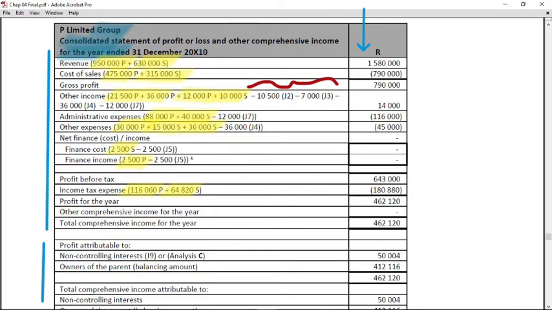Included in the other income of the parent was the 36,000 Rand for the rental income received from the subsidiary. So we've started by adding the 36,000 and then applying the effect of journal 4.